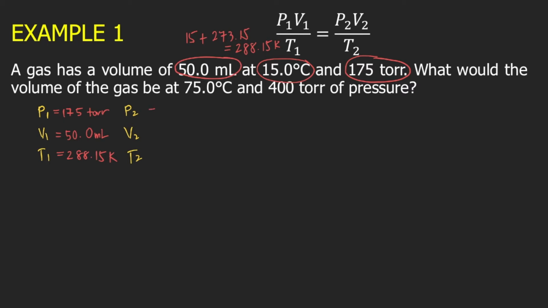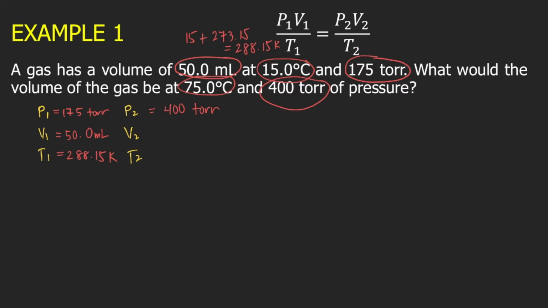Then we are also given P2 in the problem, 400 torr. And we are given T2, 75 degrees Celsius. But again, you need to convert it to Kelvin.